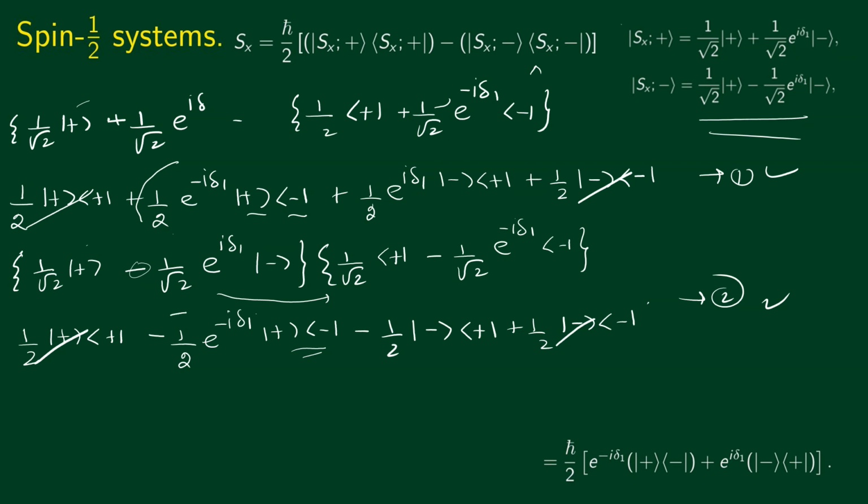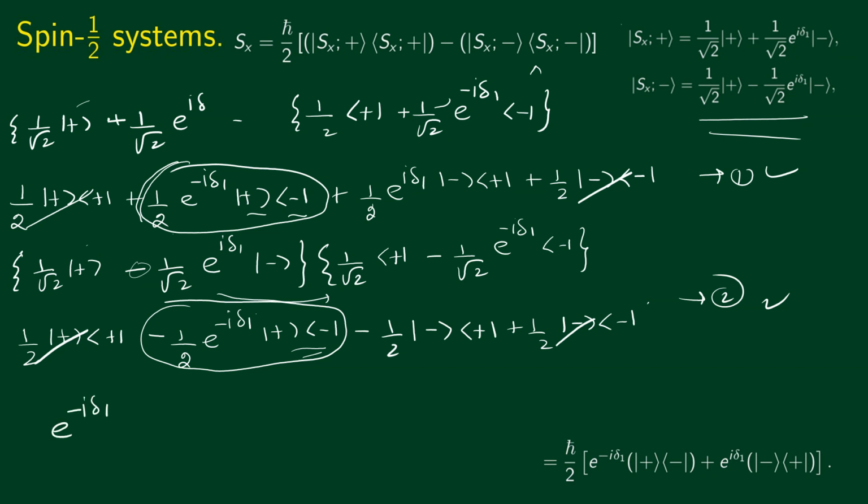We are subtracting this term from this term here. Since this is a minus sign, when I subtract this term from this, it becomes an addition, and half plus half is 1. The rest of the terms are the same. So this becomes e raised to minus i delta 1 ket plus bra minus.